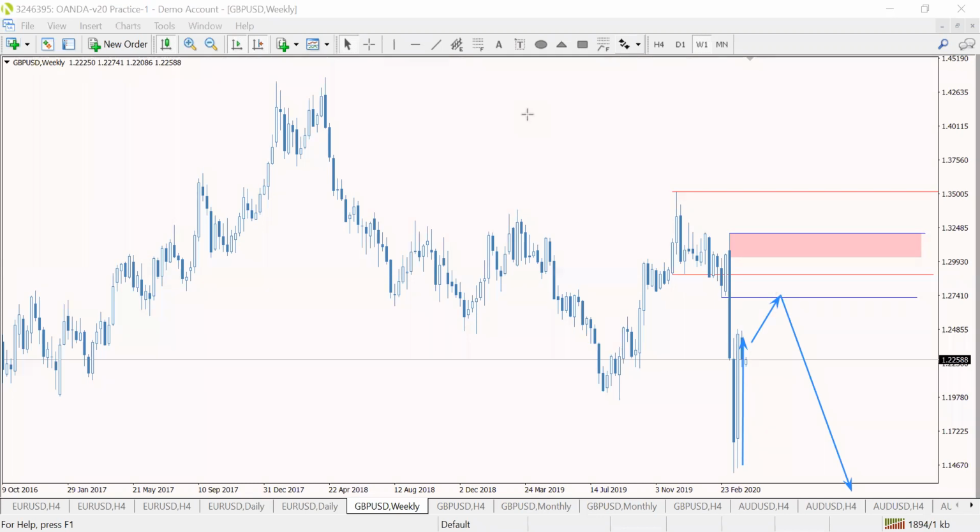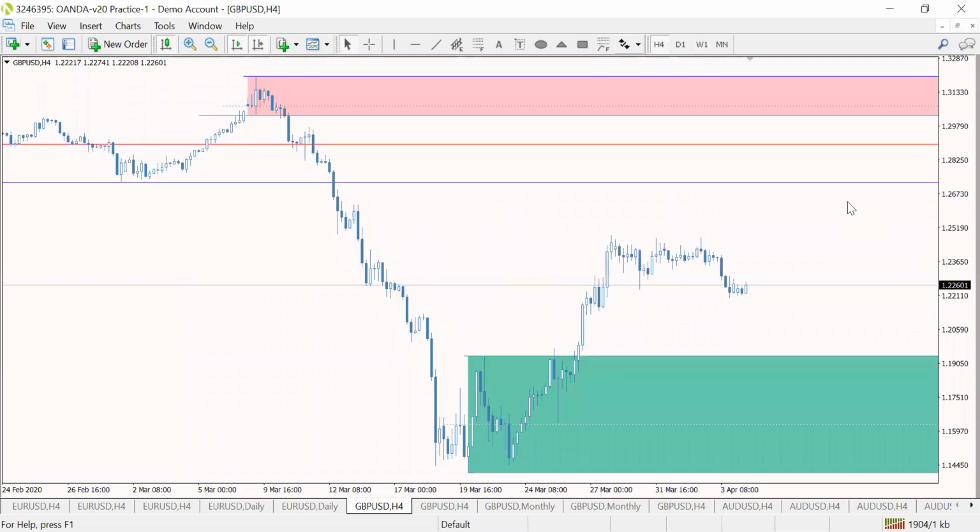I will answer that question for you in the lower time frame. Okay, let's say it doesn't come here, as it looks as if it's not going to go there. Because look, it gave us this. If you can see clearly, this looks like a correction.